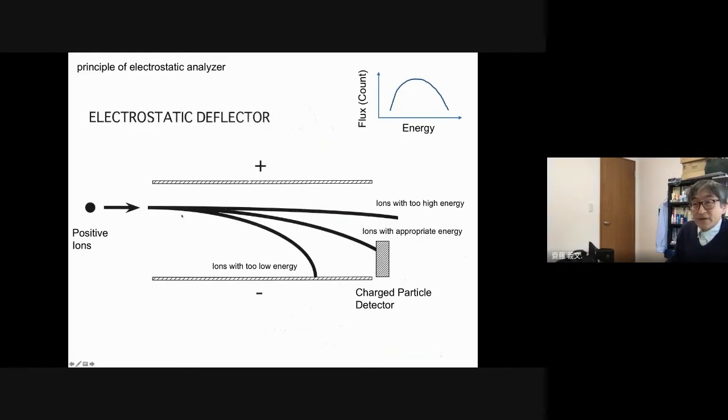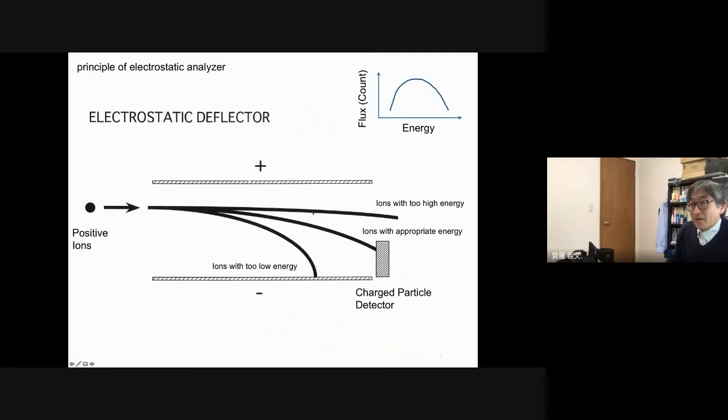When the incident positive ion has low energy, it bends so much that it collides with the bottom plate and is not detected. If the energy of the incident ions is very high, it isn't affected by the electric field so much, so it goes this way.